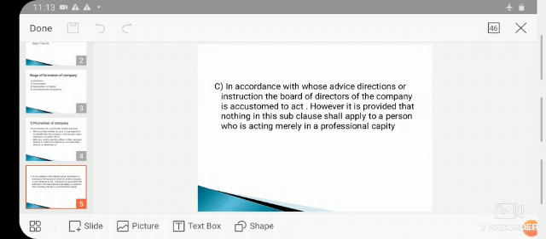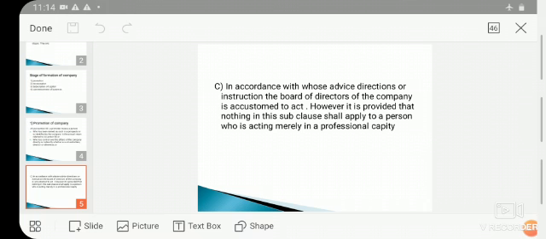So according to the Companies Act, Section 69, a person who has been named as such in a prospectus or is identified by the company in the annual return, and the second one, a person who controls the affairs of the company directly or indirectly as a shareholder or a director, or in accordance with whose advice, direction or instruction the board of directors of a company acts.